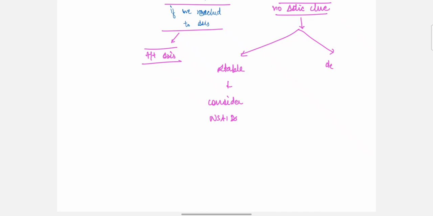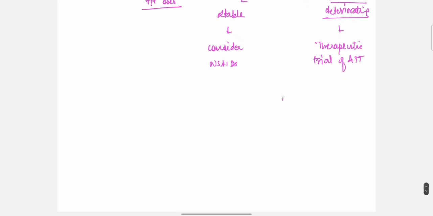If the patient is deteriorating, we have to give a therapeutic trial of ATT. But if there is no response after 6 weeks of ATT, then probably there is no TB.